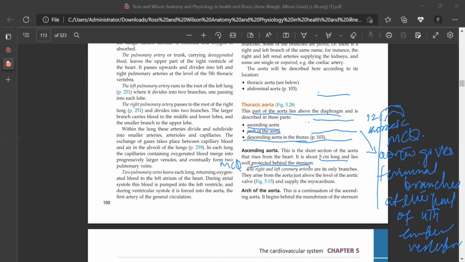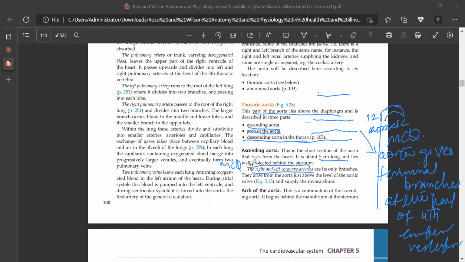They arise from the aorta just above the level of the aortic valve and supply the muscles of the heart, that is the myocardium. Again, an MCQ can be asked about the branches of the ascending aorta: the right and left coronary arteries.